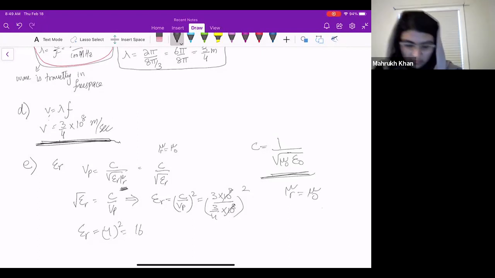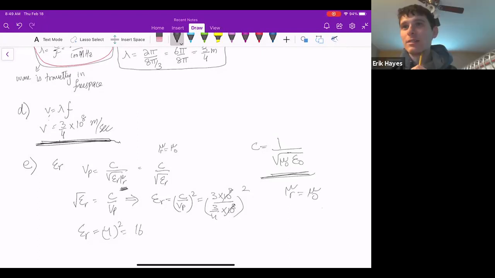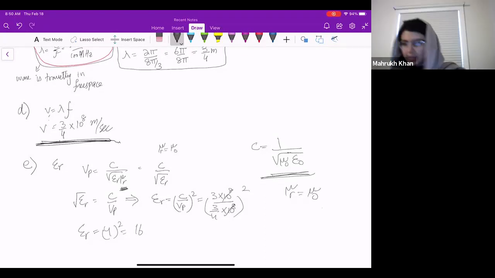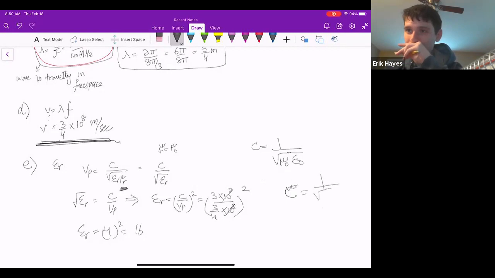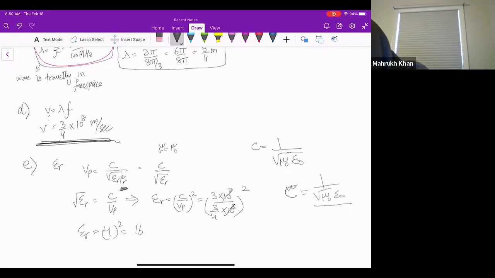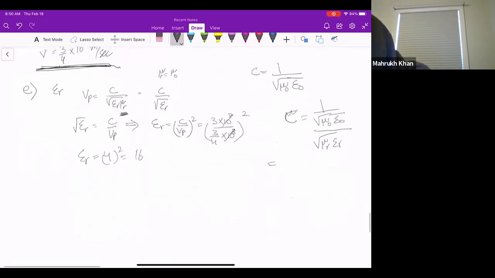I'm not clear. I mean, if you write C as 1 over the square root of mu naught epsilon naught, and then write the denominator as the square root of mu naught. Yes, I can do that. One minute. Yes, I can do that. I got it. So C is equal to this with mu naught epsilon naught, and this is mu r epsilon r. Not C here, it's just Vp here.